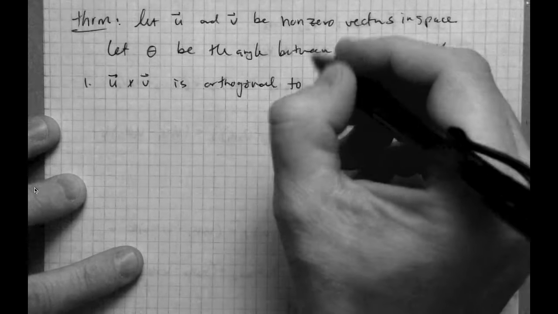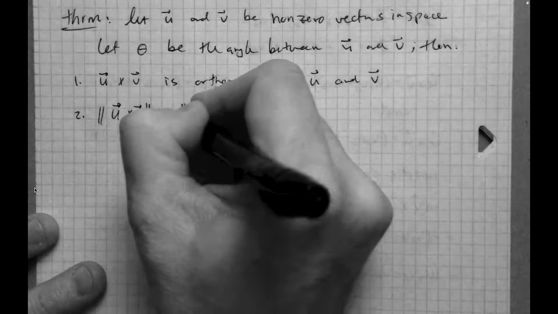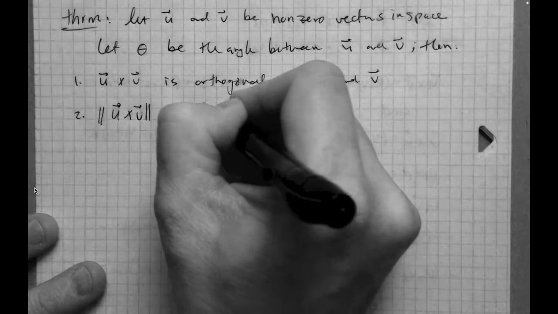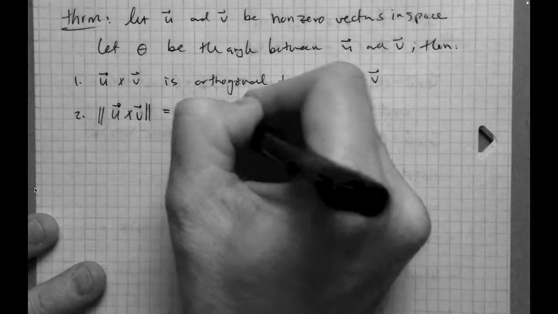Secondarily, we can say that the norm of u cross v is equal to the norm of u times the norm of v times sine of theta.